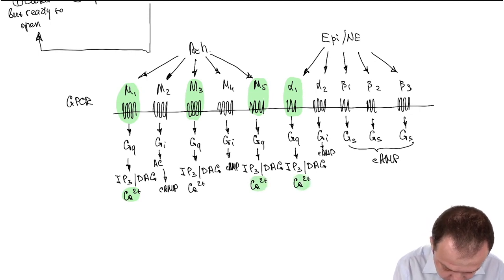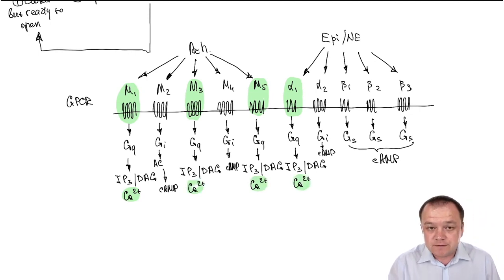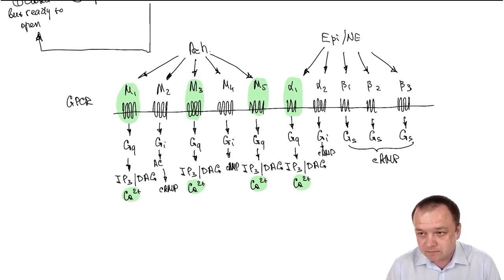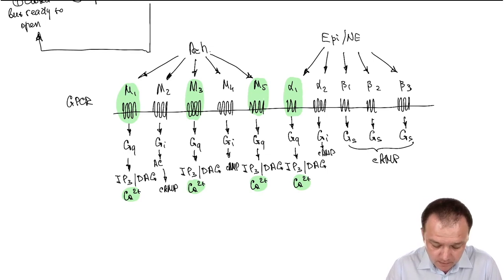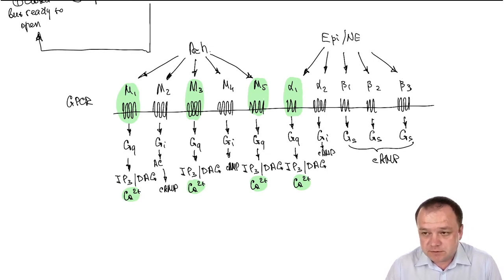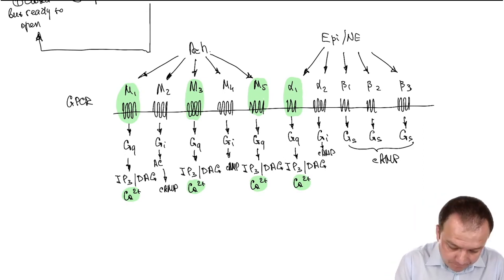So most likely a result of excitation of these receptors, or binding of ligands with these receptors, will be either contraction of smooth muscles or secretion of something, because secretion is also an active process that requires calcium ions.